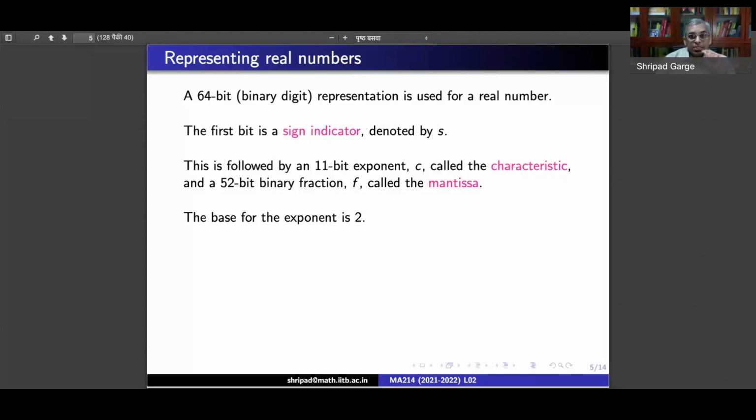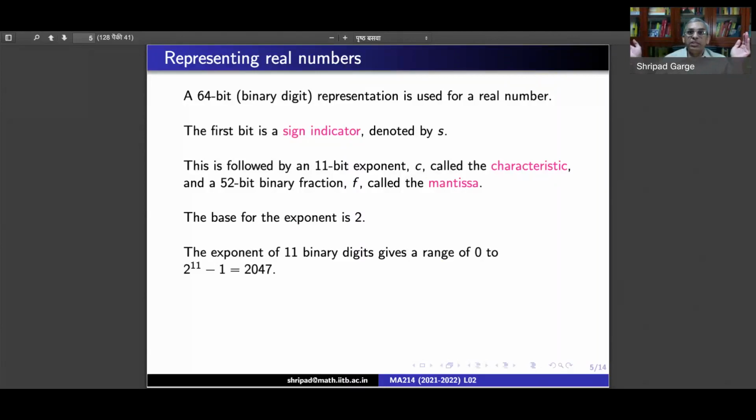So we have this C, and we are not going to take 2 power C directly, because the 11 binary digits will give a range from 0 to 2 power 11 minus 1. If you have everything zeros in the 11 bits, then you are going to have the number 0, so that will give you 2 power 0, which is 1. Or you can have all 1s.